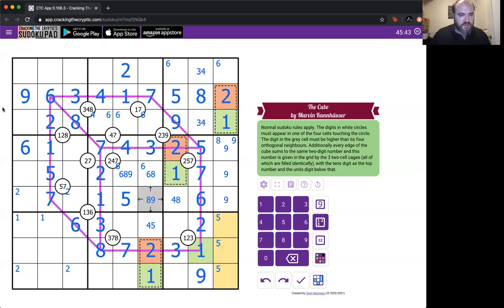But hey, I've got this complete row. Let's see what I can build in that. These ones here don't see quite as much as I might like them to. Sixes in one of these two. 1, 2, 3. I need a 5.